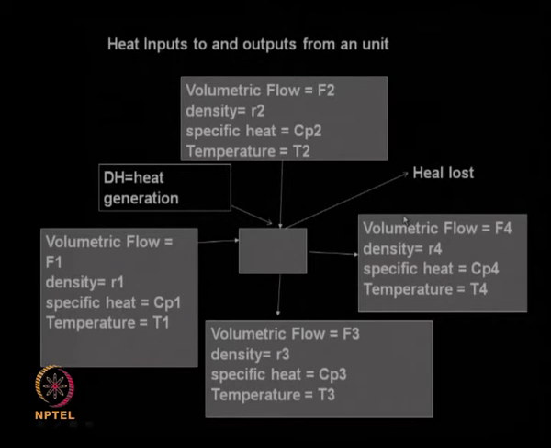The heat lost could be because you are cooling the contents, or it is lost to the surroundings because the unit may be losing heat to the surroundings. So all these heats should balance with each other. That means the total amount of input heat should balance exactly with the total amount of output heat.